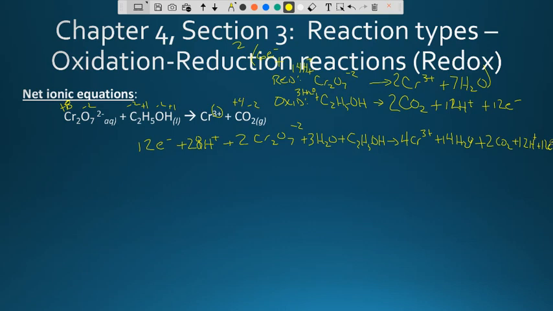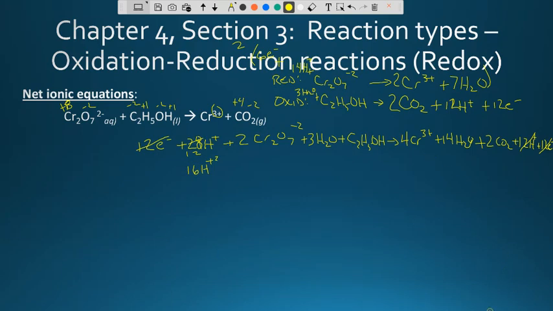Okay, so we got all that taken care of, and let's see what we can do now. We can cancel out some electrons, can't we? I have 12 electrons, 12 electrons. I have 12 hydrogen ions here, and on this side I had 28, so minus 12. Now I have 16 total hydrogen ions here.